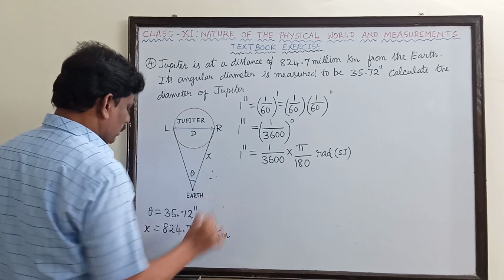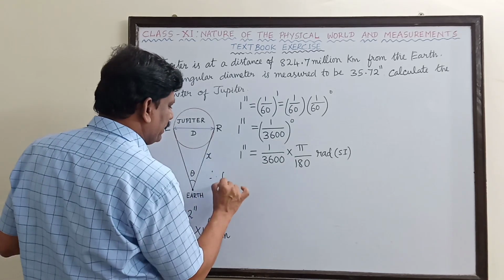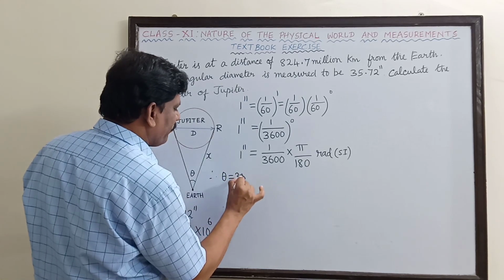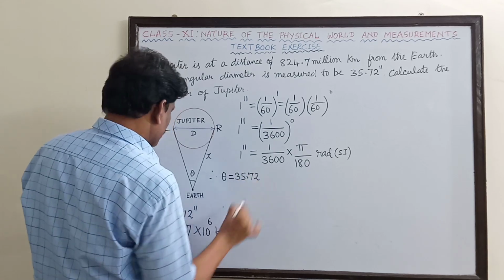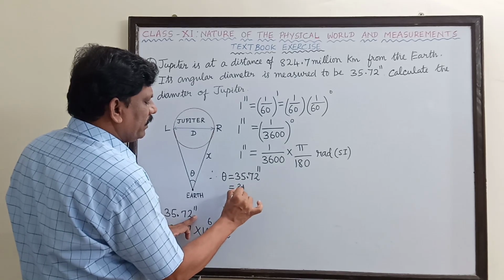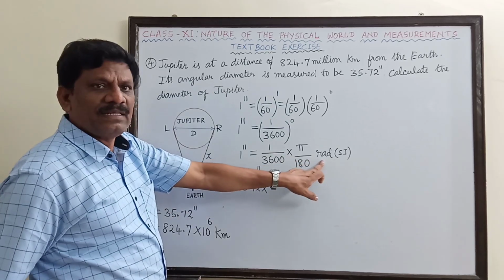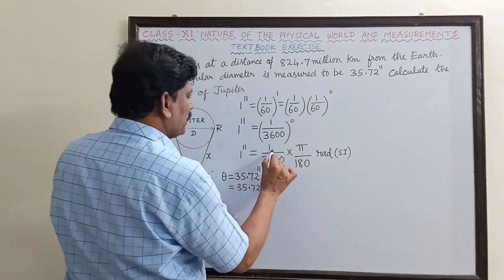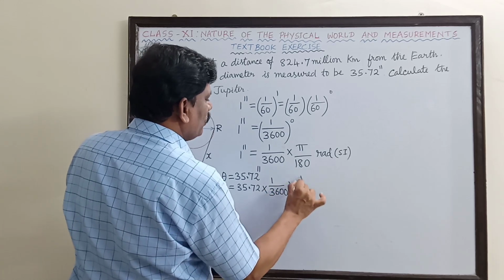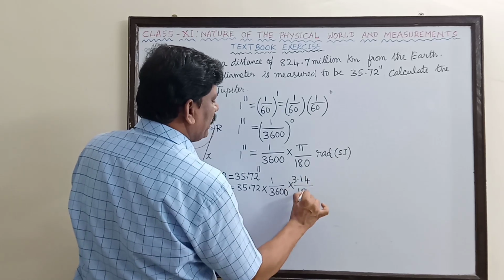Therefore here theta is given in seconds, is it not? Therefore theta is now equal to 35.72 seconds. So this is equal to 35.72, and 1 second is converted in radian, is it not? So I have to do the multiplication. So into 1 divided by 3600 into pi. Pi is what? 3.14 divided by 180.